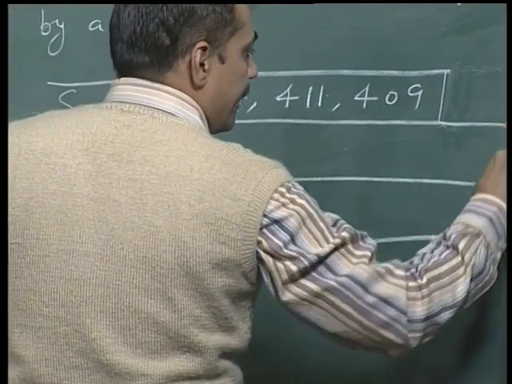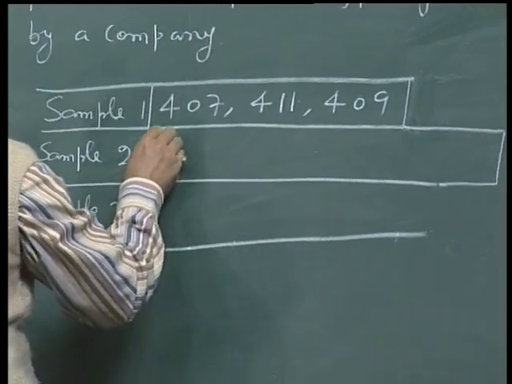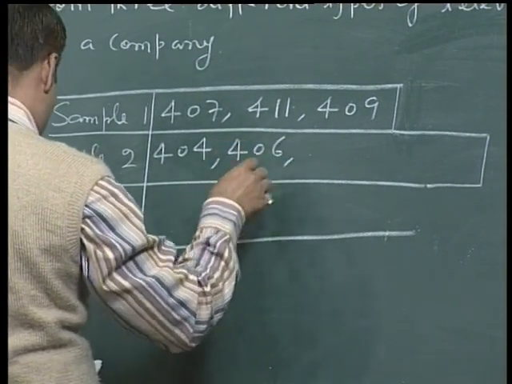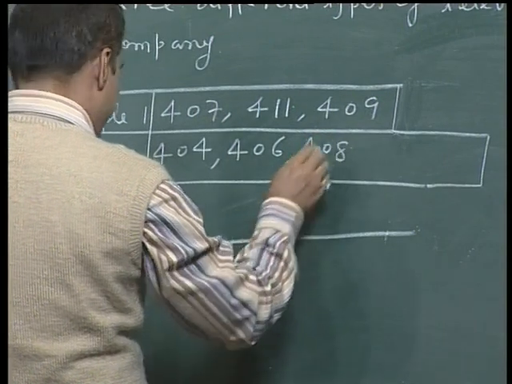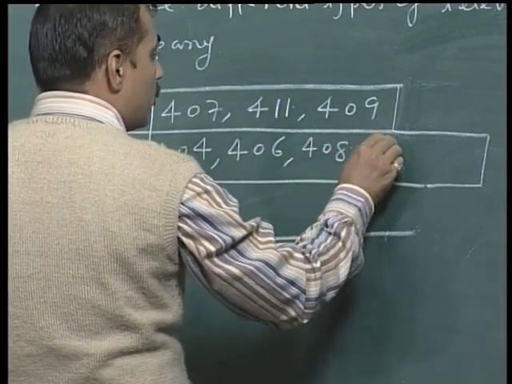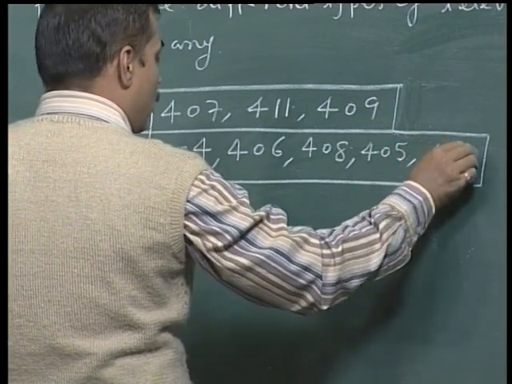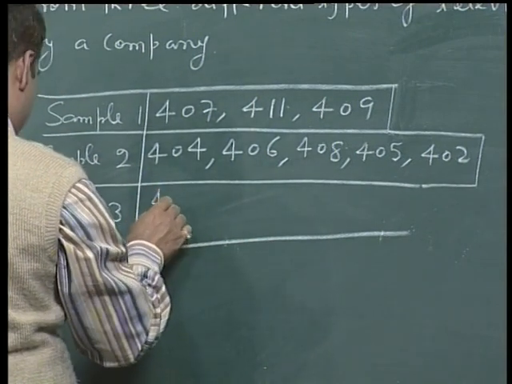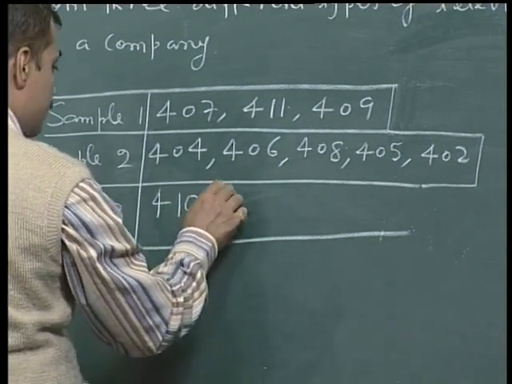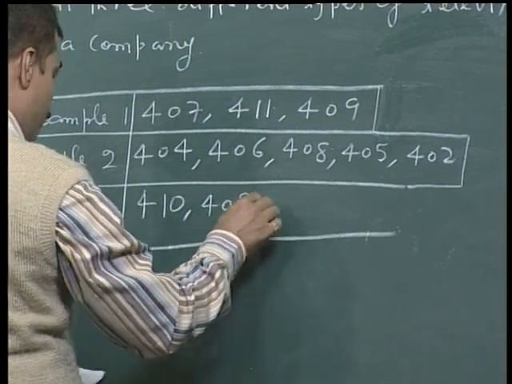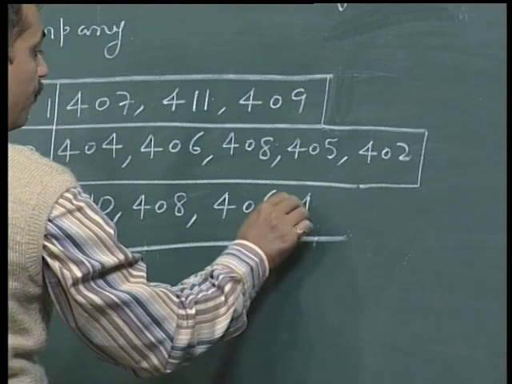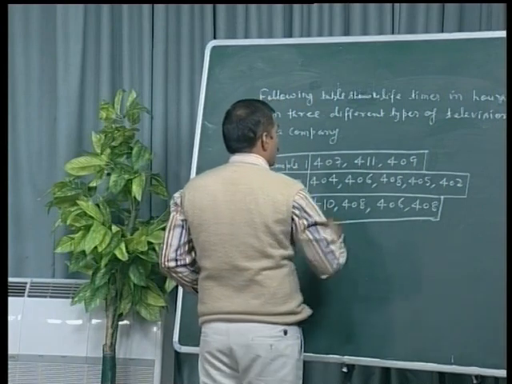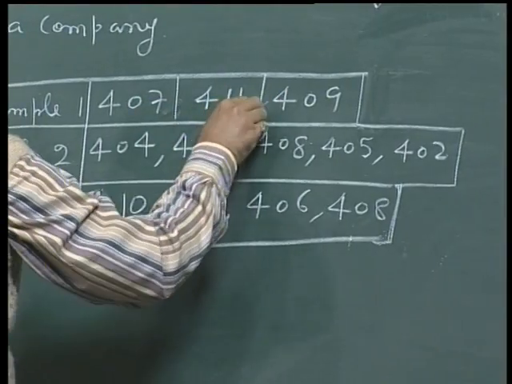For the second sample, we take the values 404 hours, 406, 408, 405, 402. And for the third, it is 410, 408, 406 and 408. If we like, we can write it in this form.